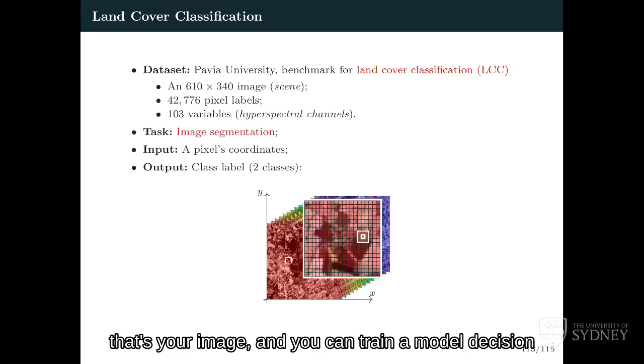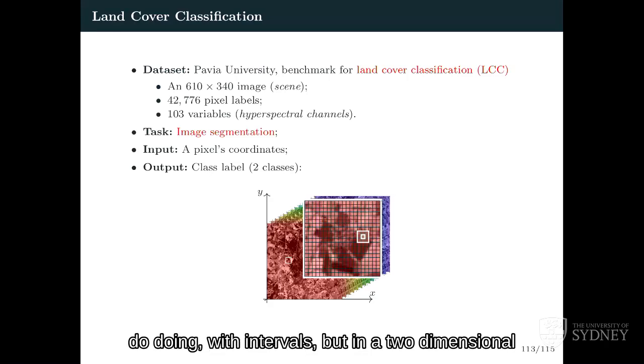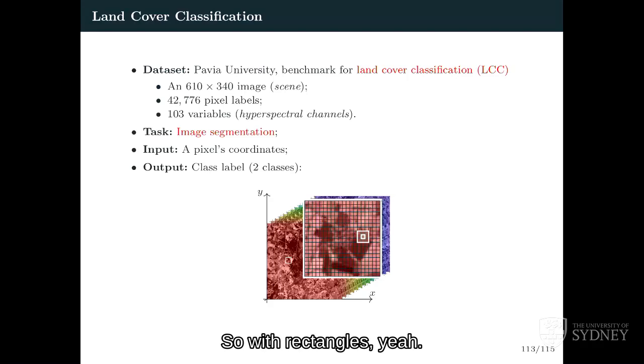And you can train a model decision tree that performs the same reasoning that we were doing with intervals, but in a 2-dimensional domain, so with rectangles.